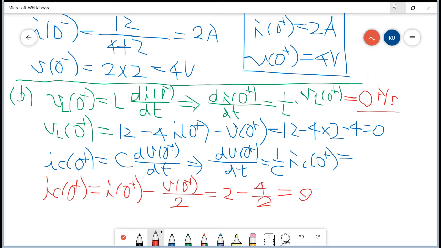Oh, sorry. We don't really need to minus this one, because for t equals 0 plus, the switch is open. So this is not correct. So it's actually this one.